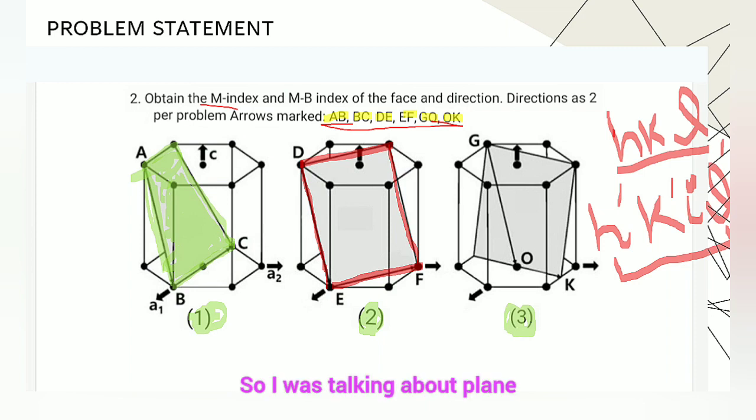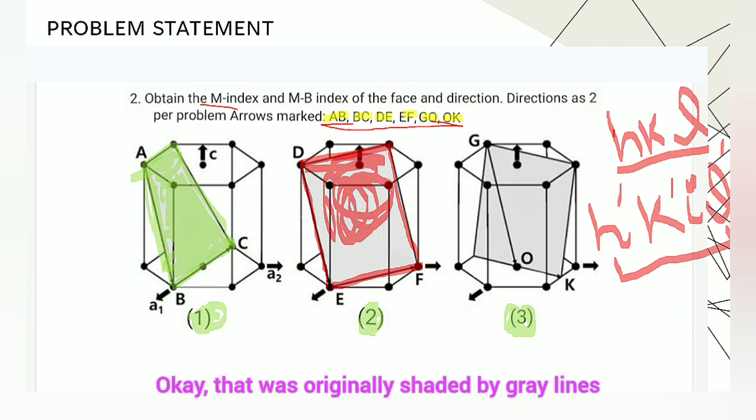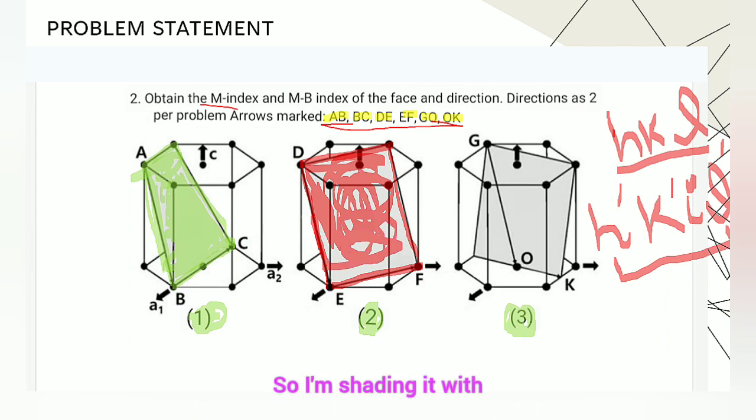So I was talking about planes, so this is the plane in figure 2. That was originally shaded by a gray line, so I'm shading it with red lines. This is plane 2.